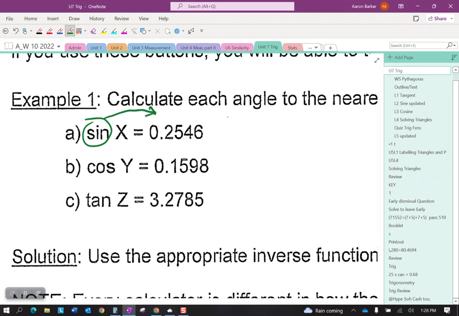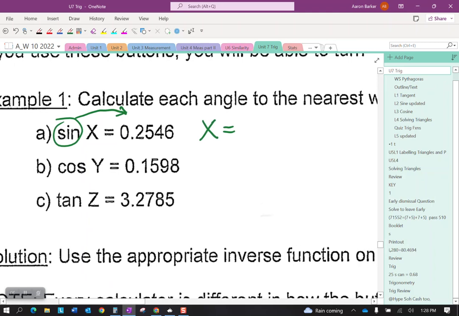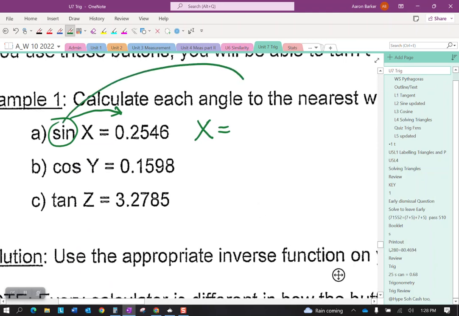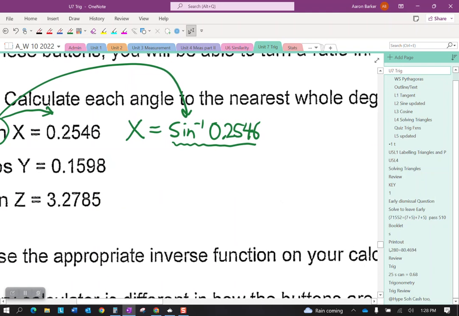So when we move it across, we're left with a capital X by itself. Write this down: x equals, and when we move sine to the other side, it becomes inverse sine, arc sine, sine -1, 0.2546. This becomes an entity. It has to stay together.